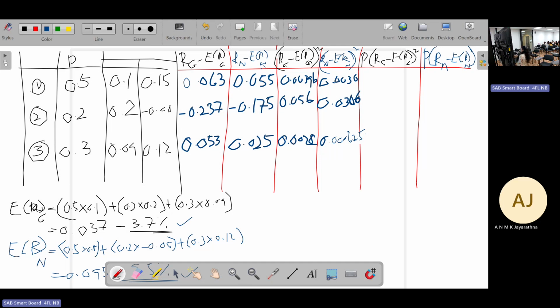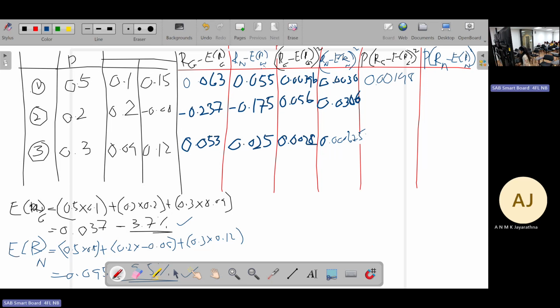And then applying the probabilities. Fatima, tell me the balance there. 0.0019. Am I correct? 0.00198. Okay.